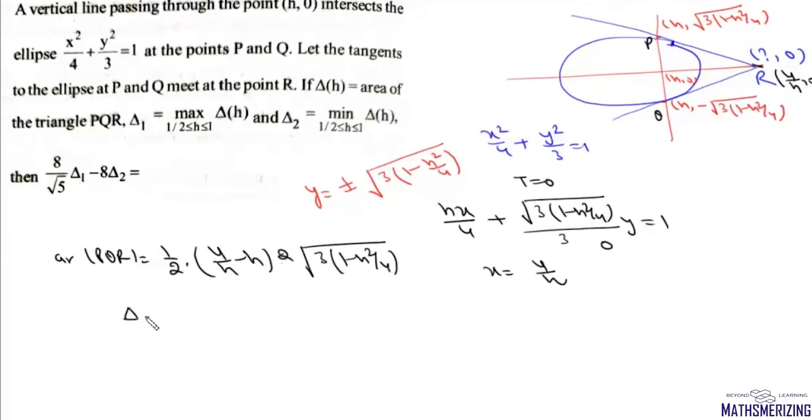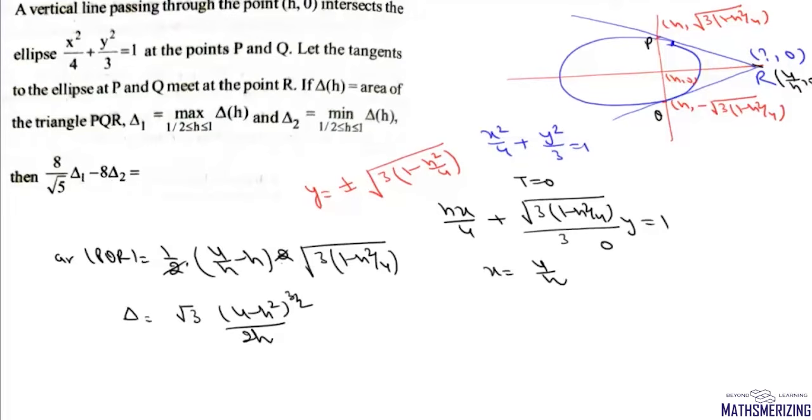So we write this area as under root 3 and 4 minus h square to the power 3 by 2 upon 2h. Now we need to maximize or minimize this area.